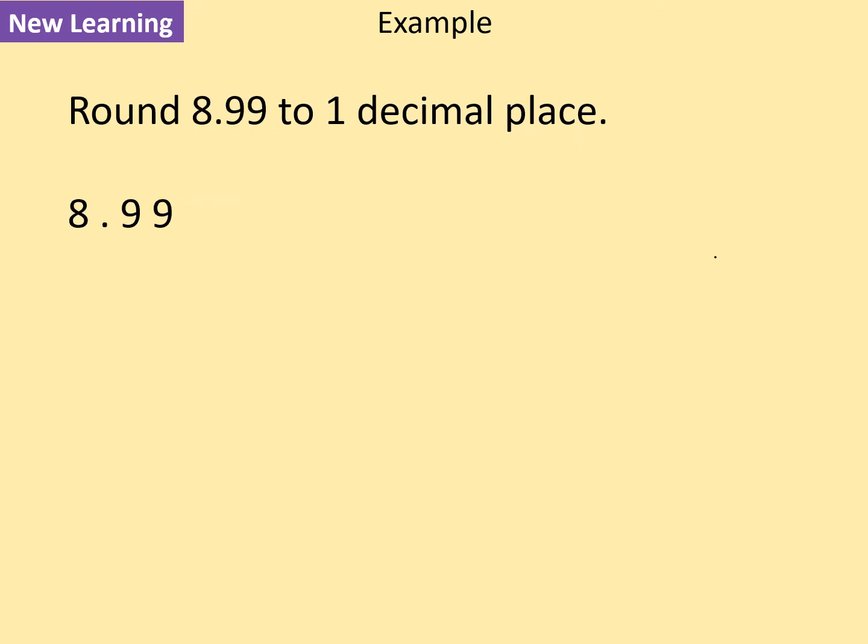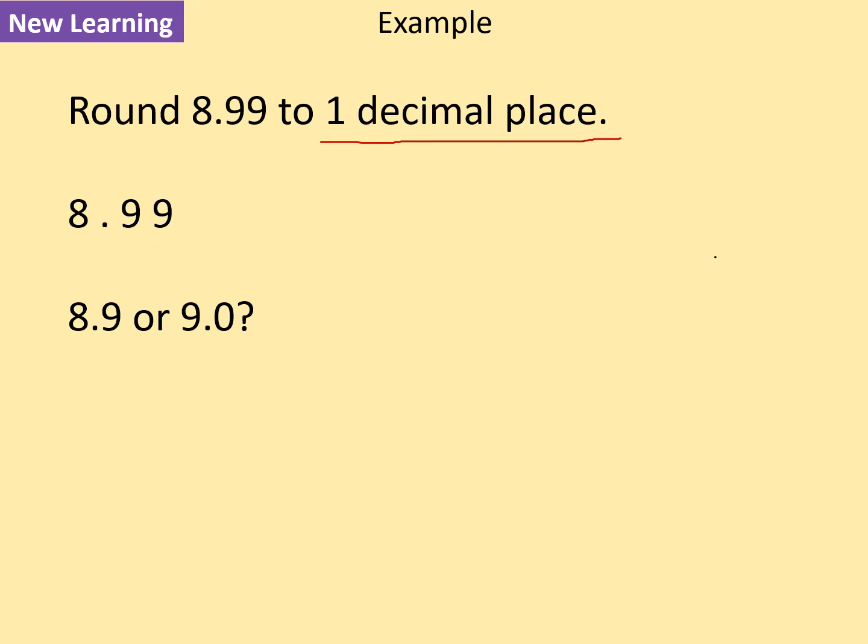Example number 4. This one's a bit of a unique example, and I'll show you why that's the case. We're going to round 8.99 to 1 decimal place, so only 1 number after the decimal point. Again, I'm looking at the 9 here. Is my answer going to be 8.9 or 9.0?